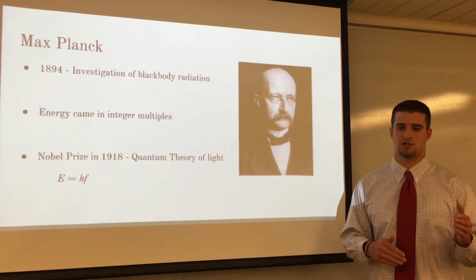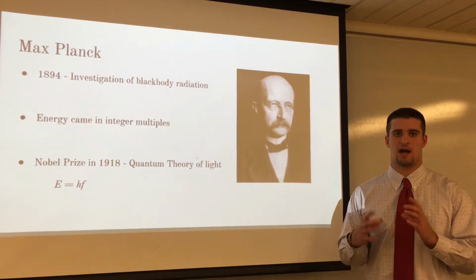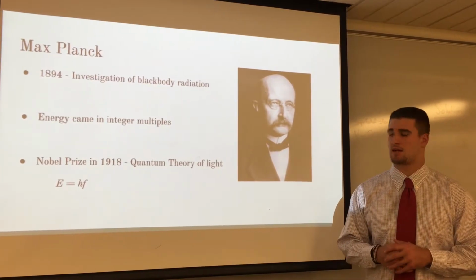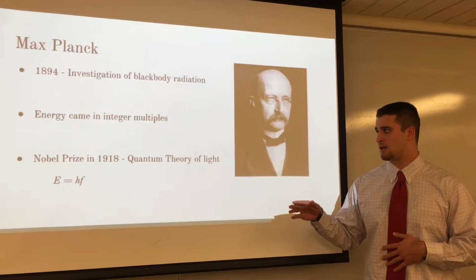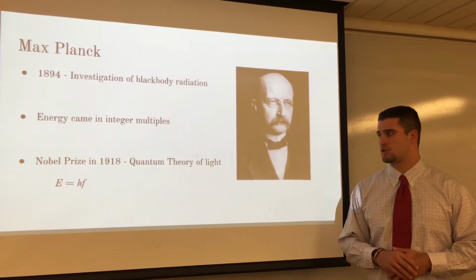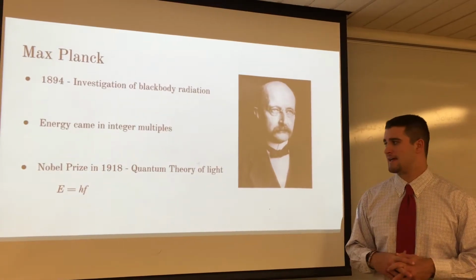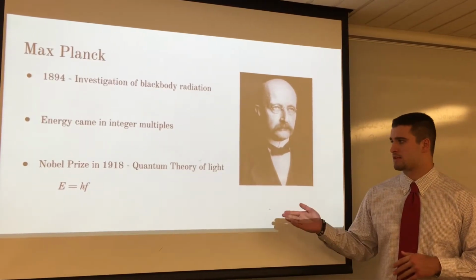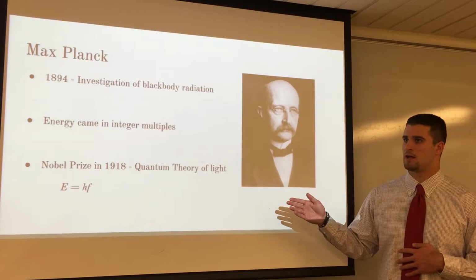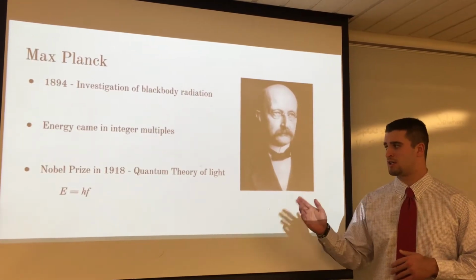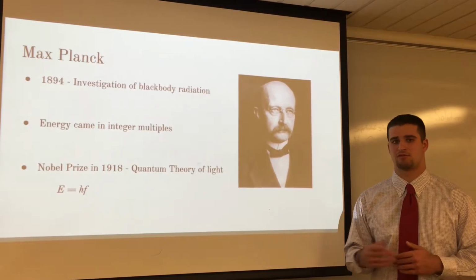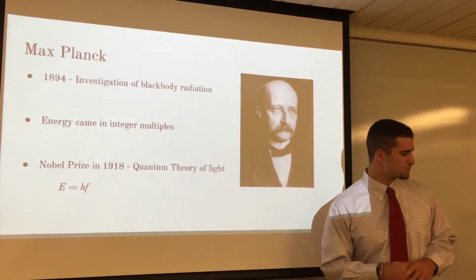These multiple integers were all based around a constant, which we today know as Planck's constant. He was also very famous for the quantum theory of light, which won him the Nobel Prize in 1918. The quantum theory of light, which we can see here, is described as energy equals Planck's constant times the frequency of that wave.